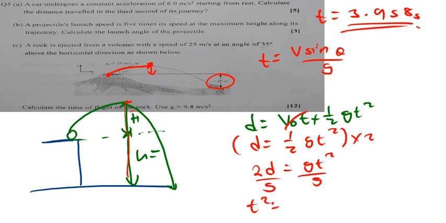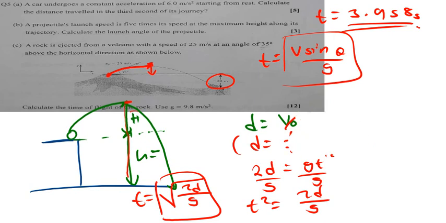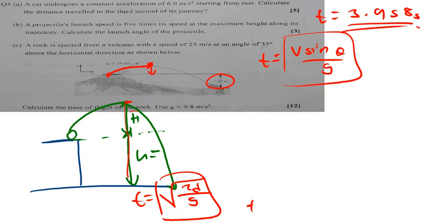T squared will be equal to 2d over g. You get the square root. T will be equal to the root of 2d over g. Now when I find this time, I add it to this time. That will be the total time. Now that's how we find the time from the first one I've given you and this one. That's how we find time in the third trajectory.